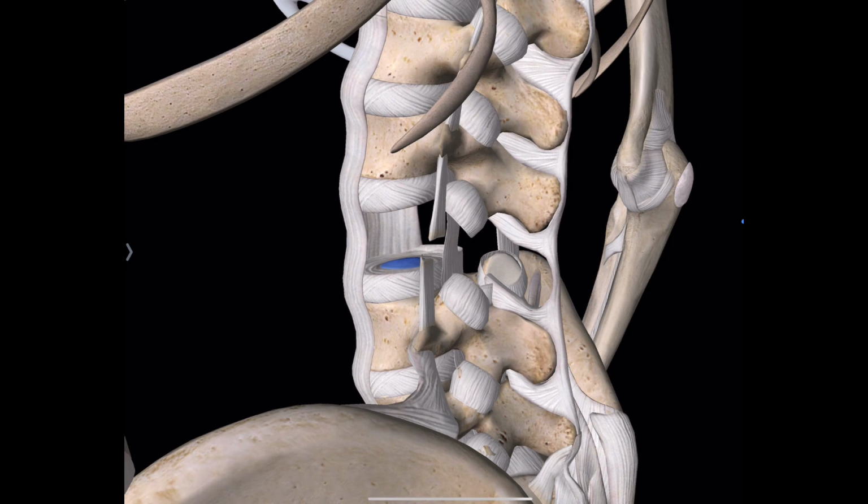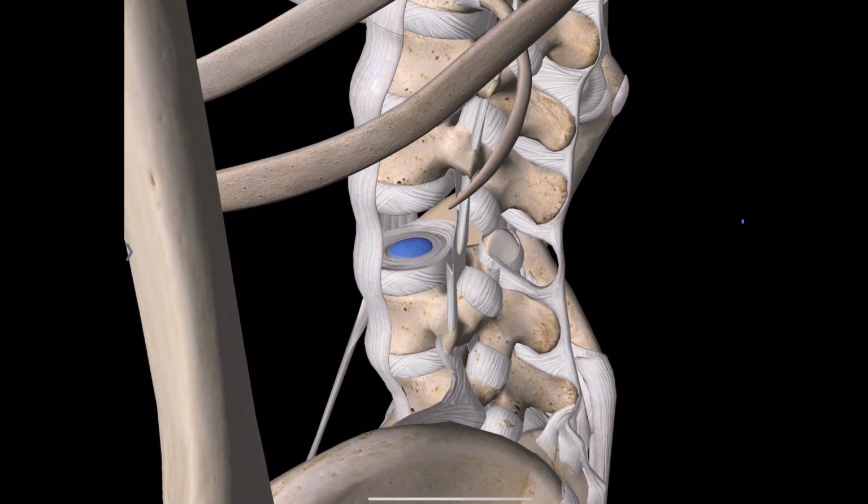Well, if I compress the front of this disc, this material is going to be forced to be pushed backwards. So that's why when you see somebody has a bulging disc, it's almost always a posterior or a posterior lateral disc herniation or disc bulge.